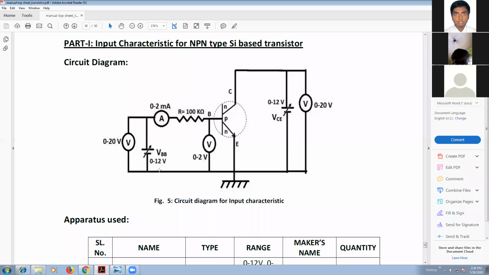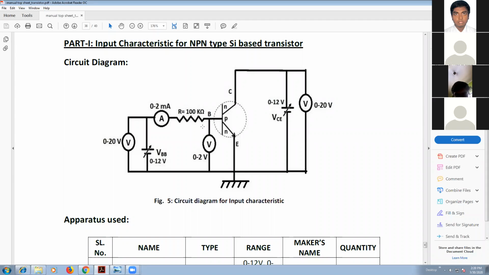We have to take the voltage VBE, and we have to take the reading of IB, that is the current through the base, and the voltage between base and emitter we have to record.